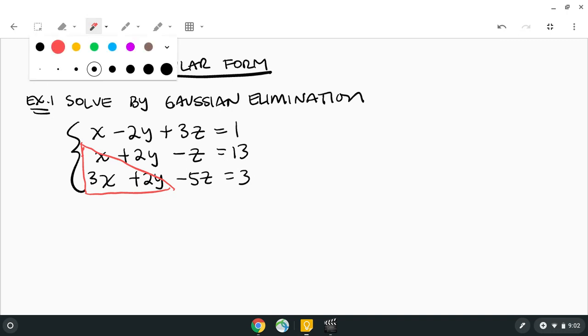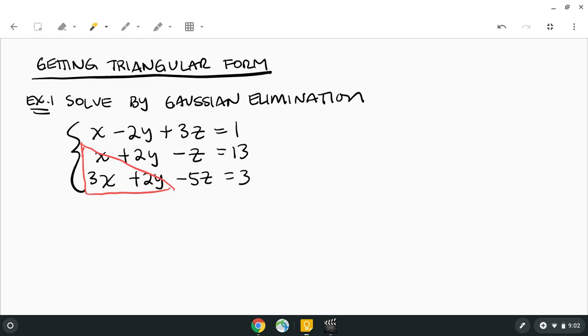What you do first, let me get yellow, is use that top equation to eliminate this one first.